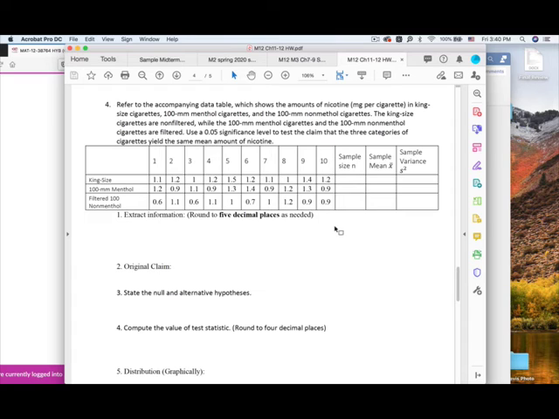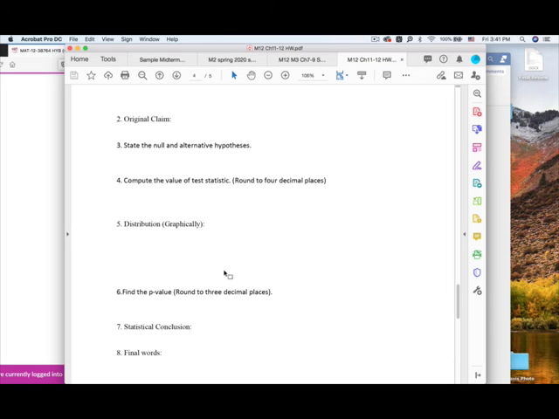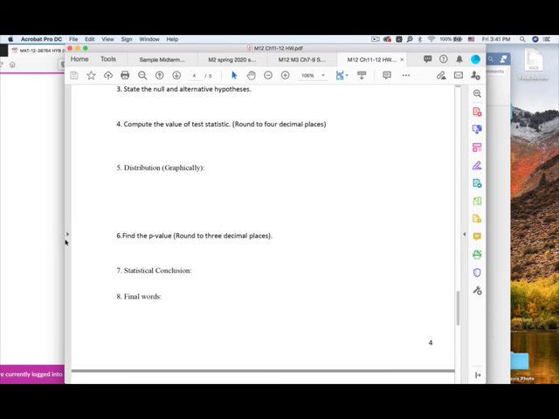You could check using your calculator without using this table. Okay, that's up to you guys. As long as you show me all these correct answers, you get the credit. And for chapter 12, you may need to know how to use either the p-value method or the critical value method. Show me the distribution, we'll be using the F distribution, and the F distribution is skewed to the right.